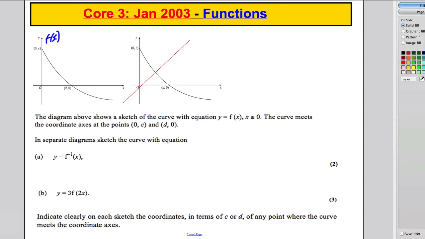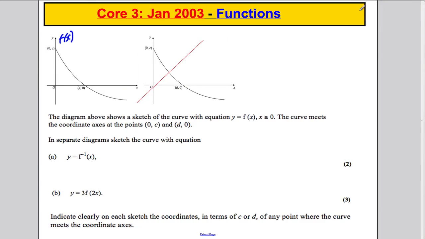Now the key thing about reflections is that this point here is going to get swapped over, and it's going to be over here at (0, d). This point here is going to get swapped over, and it's going to be (c, 0).